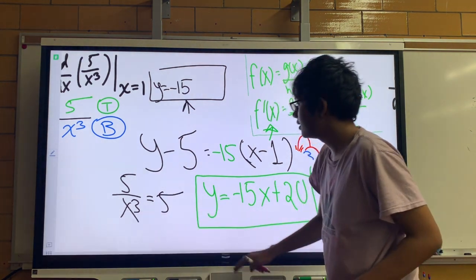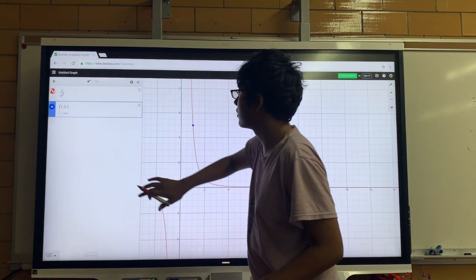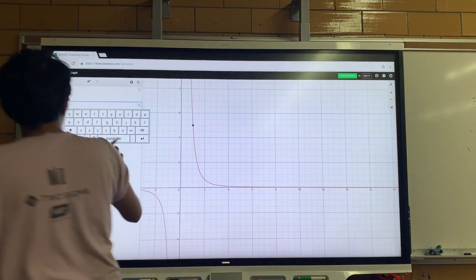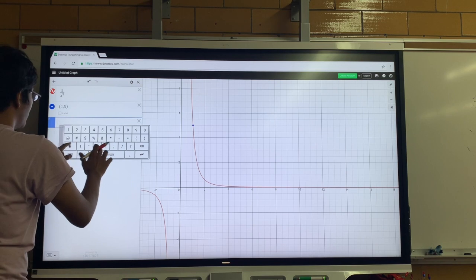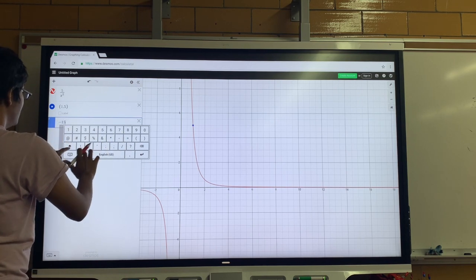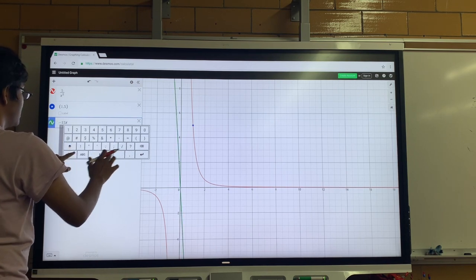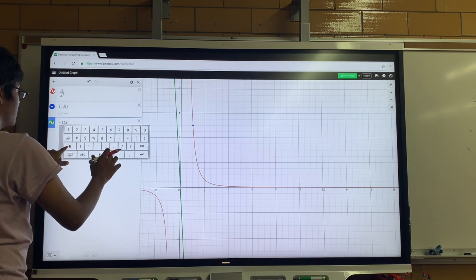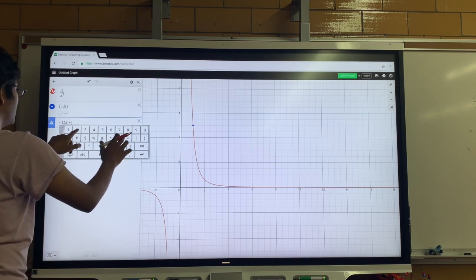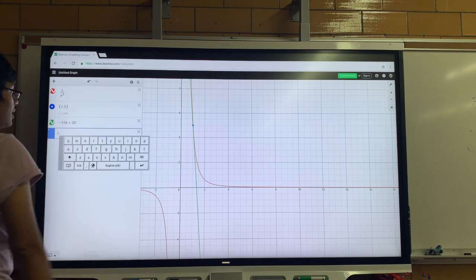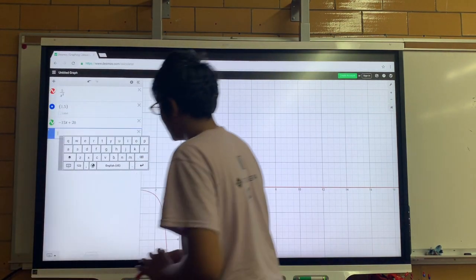Let's plug that into our graphing calculator. So if I plug in negative 15x plus 20. Now you can see the beauty of calculus.